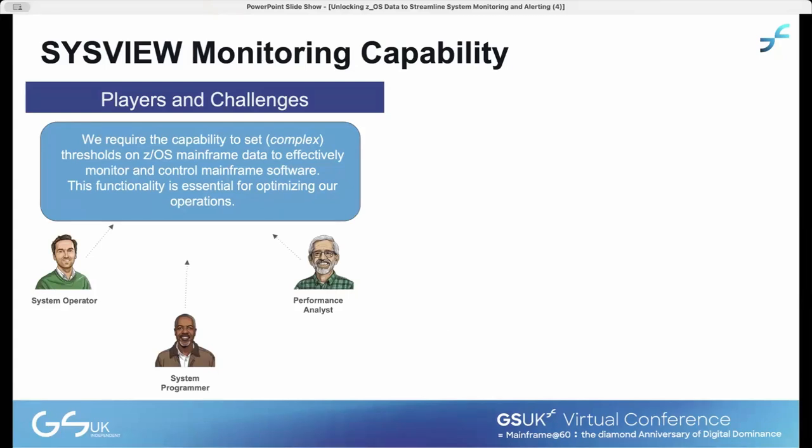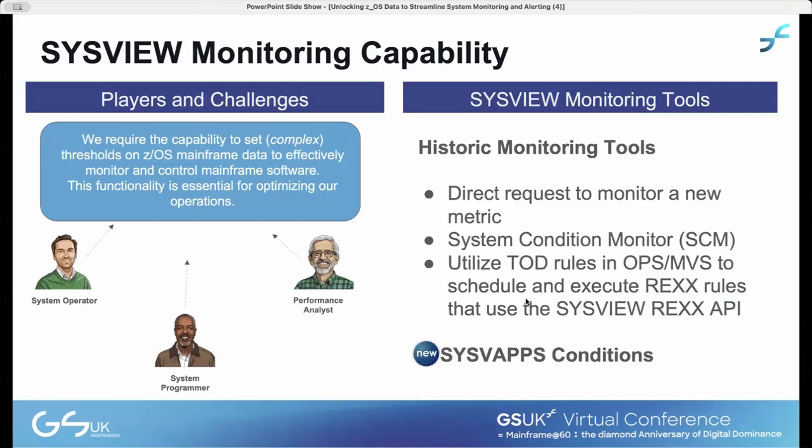And we have also often heard from the key players that they need the ability to set thresholds, which could be simple or complex, on zOS mainframe data for effective software monitoring. And this functionality is crucial for optimizing operations and highlights the need for exception processing on the zOS mainframe. To address these challenges, SysView offers quite a few monitoring tools out of box.